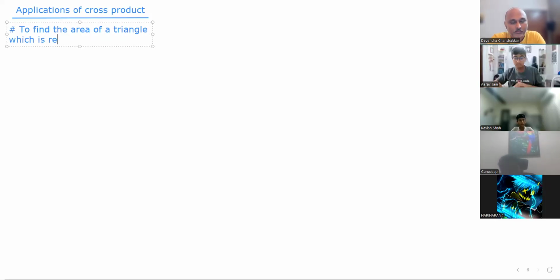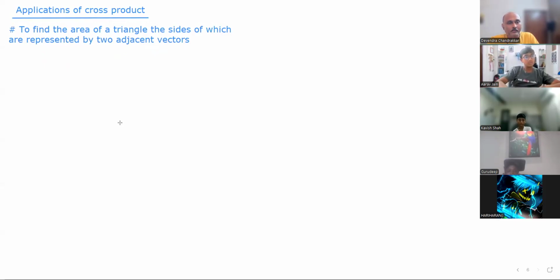So now we will see the applications of the cross product. The first one is to find the area of a triangle, the sides of which are represented by two adjacent vectors. This is very important, and it is very interesting how vectors can be used.